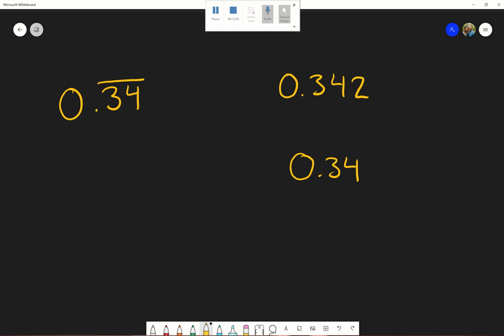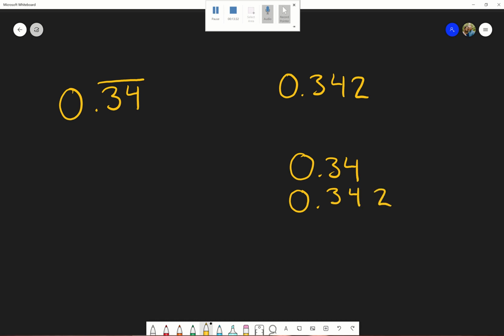So what if I had 0.34 repeating and 0.342, which is bigger here? Well, again, I'm going to stack these on top of each other. One of mine is 0.34 repeating, and my other number is 0.342.